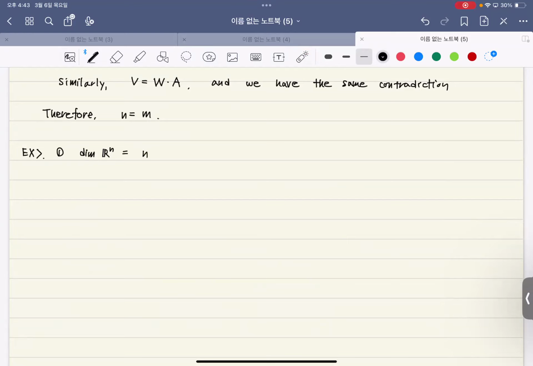So therefore, the dimension of the Euclidean space Rn is n, and the dimension of the span of these vectors, what is the dimension of this? This is 2. Okay, not a big deal. What about this one?